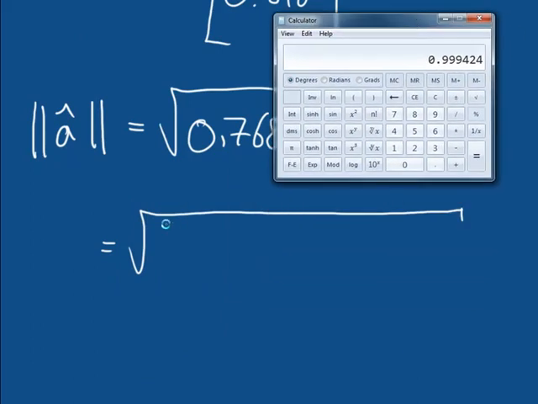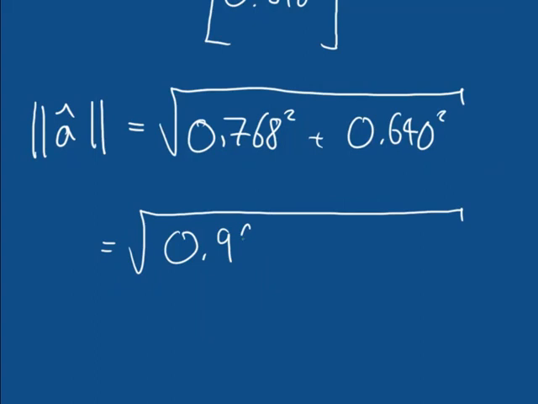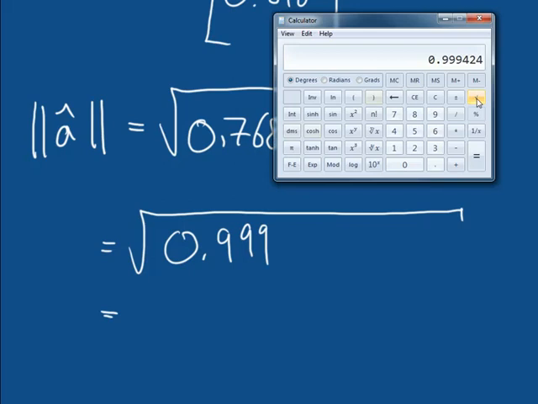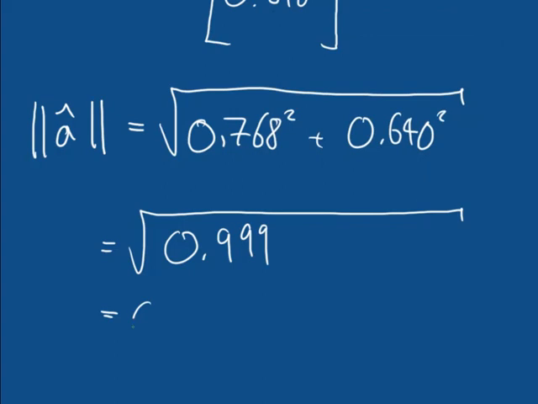So we can see we're not going to get quite the right answer. It's about 0.999, and again, this is because of our rounding errors. If I find the square root, you can see the square root of that is about 0.999, which, if we rounded this, of course, would be equal to 1.